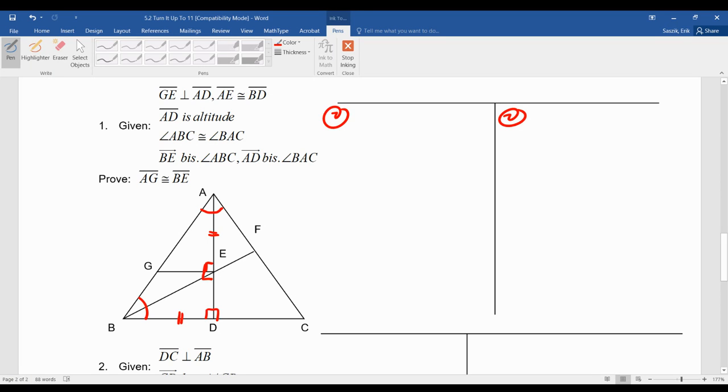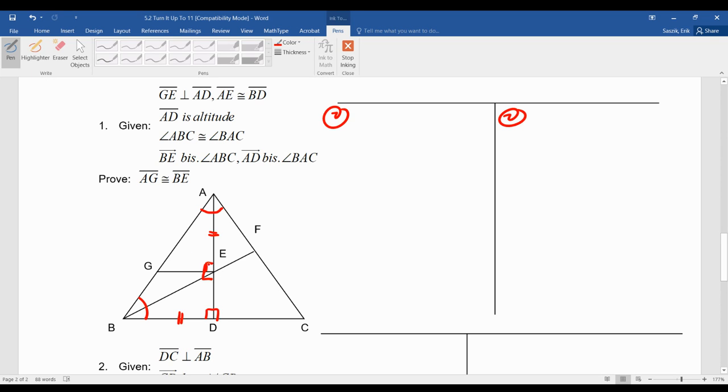So this is one where you have to think a little bit. Maybe look ahead at the proof. You have to prove AG is congruent to BE. So I'm thinking, AG, it's in this little triangle right here. BE is in this little triangle right here. Maybe I can prove those two triangles congruent.